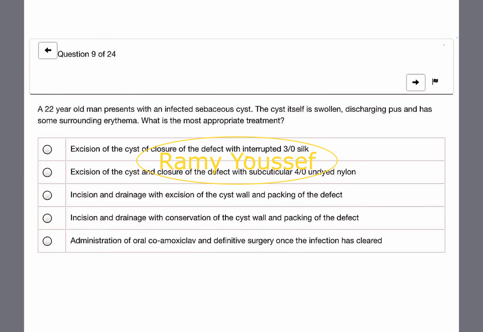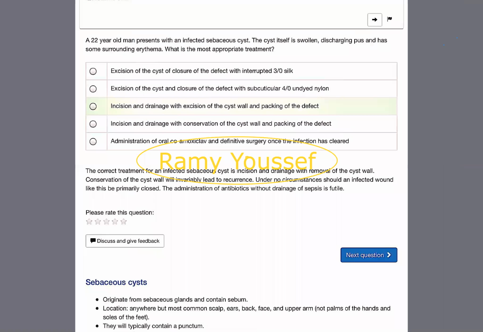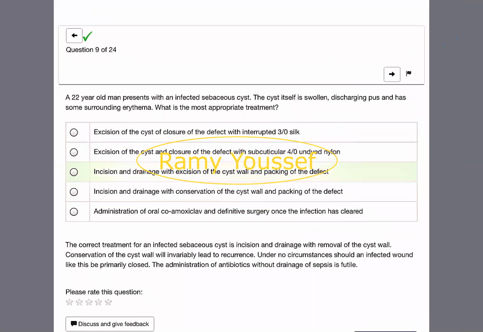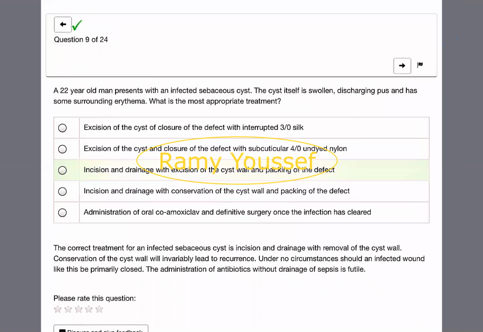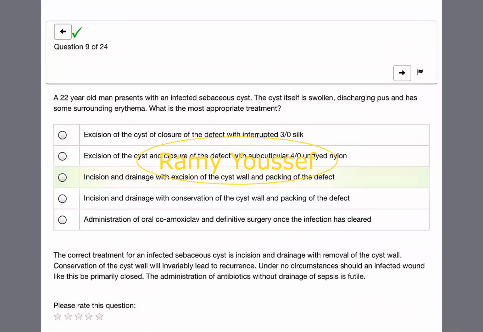C and D are both incision, but in D there will be conservation of the cyst, and this is not logical. We open and drain, and we curette the cyst. If it is highly infected, we curette it and then put a pack loaded with antibiotic or betadine. This is the treatment of an infected sebaceous cyst.